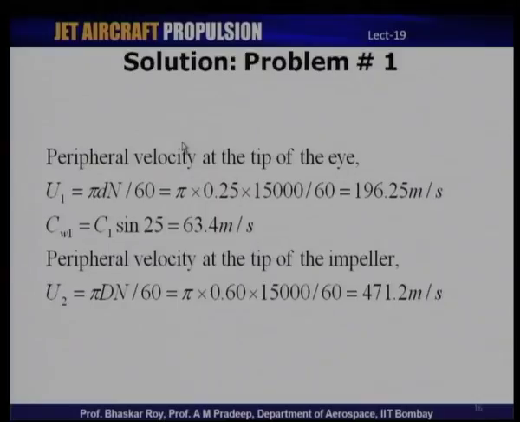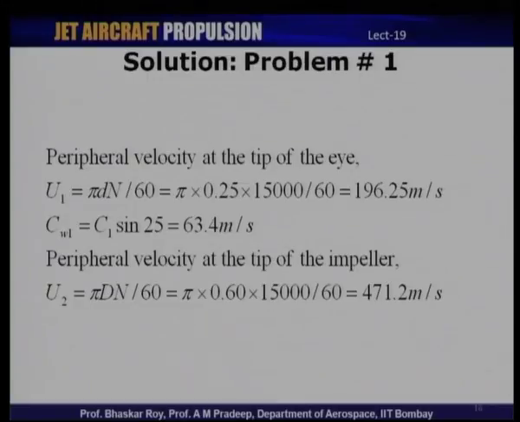So, the peripheral velocity at the tip of the eye, that is U1, is pi d n by 60, where d is the diameter at the tip of the eye of the impeller, which is given as 250 millimeters. So, pi into 0.25 and n is 15,000 divided by 60.